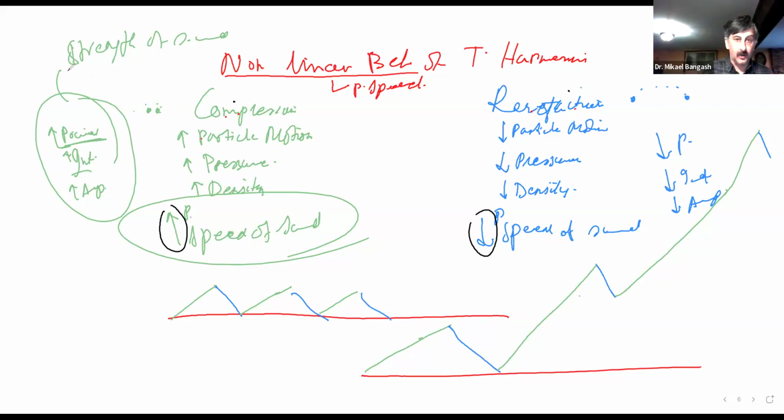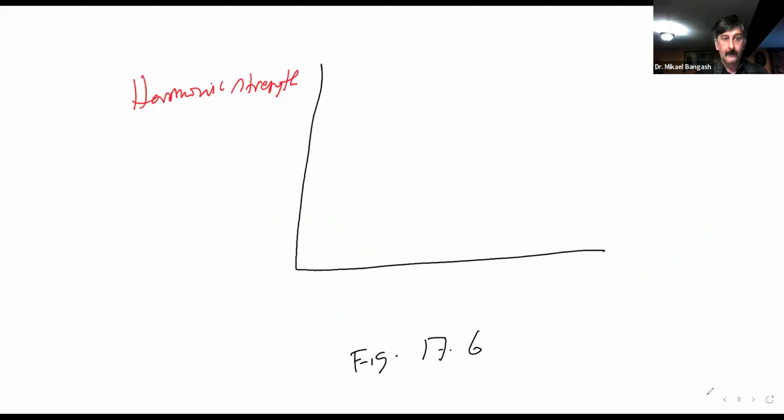But we also say that this strength develops during transmission. Briefly, we can say it develops during transmission. But this development is now going to have a non-linear behavior.